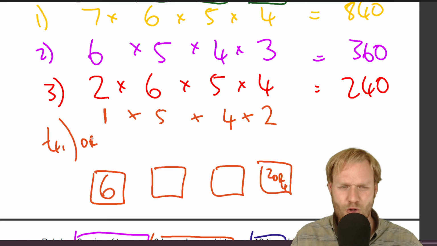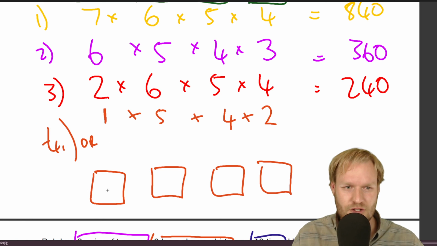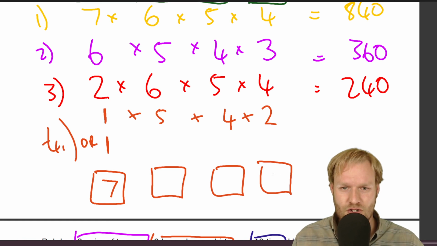Or, and remember, or means plus. I say remember because that's what we did in probability before. Our second option is that this first digit is a 7. It has to be a 7, so there's only one option. The last digit could be a 2, a 4, or a 6, so there are 3 options. Similarly, we've got 5 digits to choose from for the second one and 4 digits for the third one.